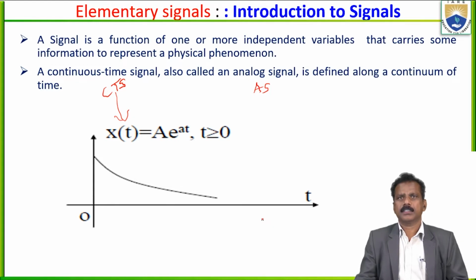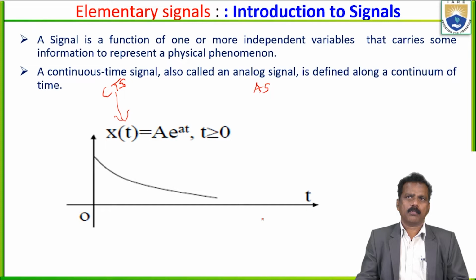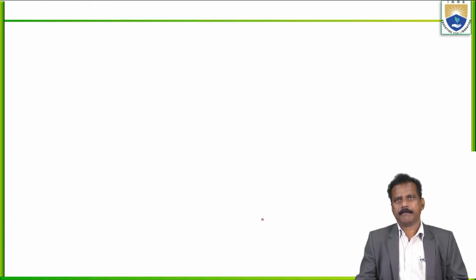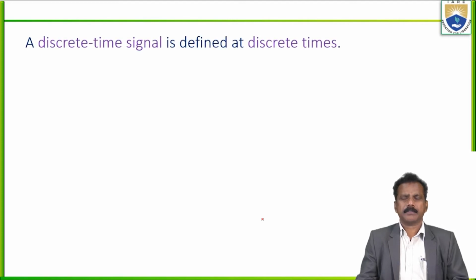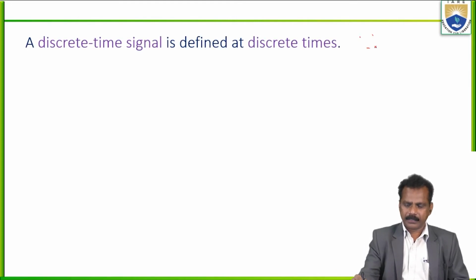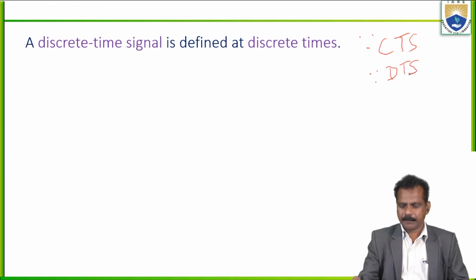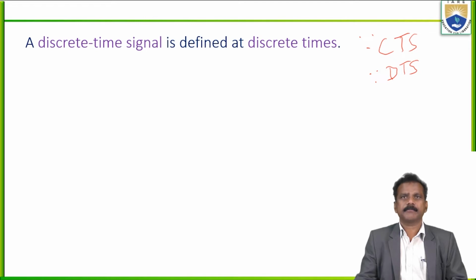So a signal is a function of one or more independent variables that carries some information to represent a physical phenomenon. A continuous time signal, also called an analog signal, is defined along a continuum of time. Okay, a discrete time signal. The previous one was CTS, continuous time signal. Coming to the present one, the discrete time signal is defined at discrete times.